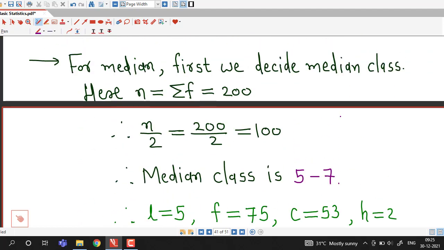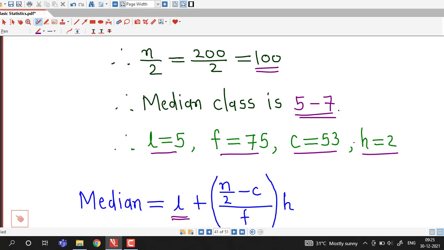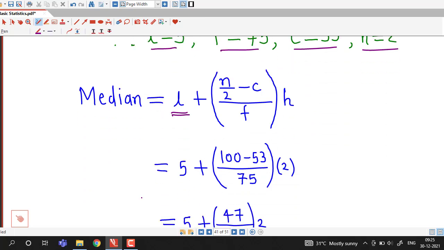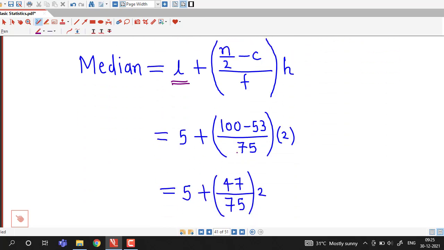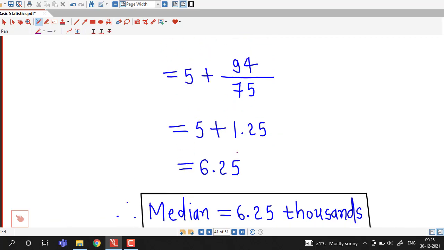So that we have written here. For median, first we decide the median class. So n by 2 is 100, so the median class is 5 to 7. Therefore L is 5, F is 75, C is 53, H equal to 2, which I just explained. And if we substitute all these values in the formula for median, we obtain that median is 6.25 thousandths.